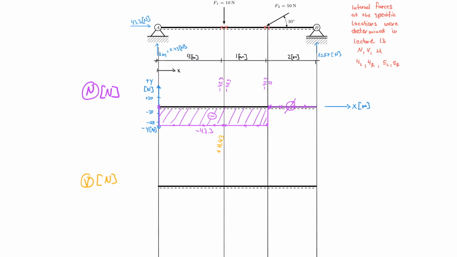I'm going to bring over the next value, which was plus 1.43. And then I had a value of still plus 1.43. And then I had a value of negative 23.57. So negative 23.57.